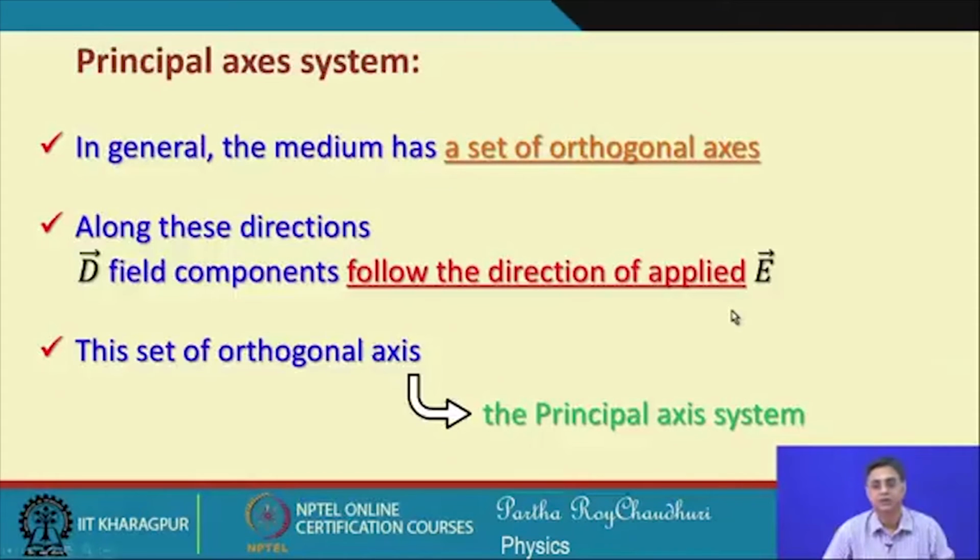That means, when you apply the electric field along the x direction, D will be only along the x direction and so on. Such a set of orthogonal coordinate axes is known as the principal axis system of the medium, and that is the characteristic property of the medium.